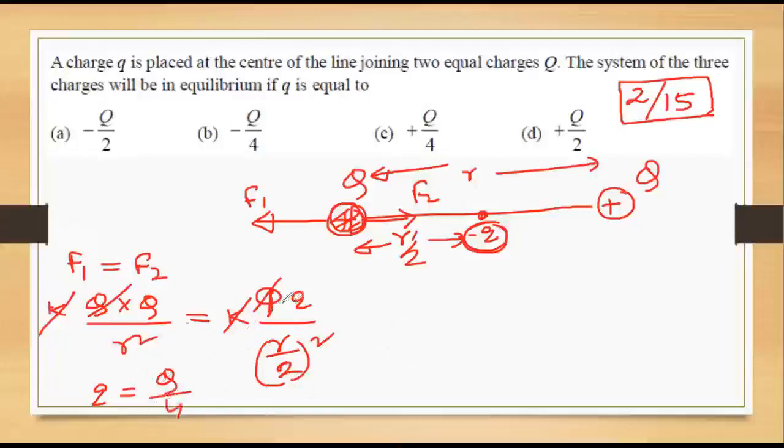Because that must be negative, then only it will be attracted by this. So that is the magnitude only, because here always we put magnitude. So q should be equal to minus Q by 4.